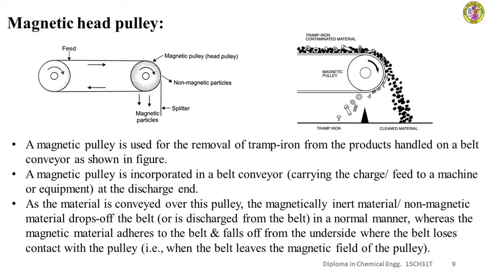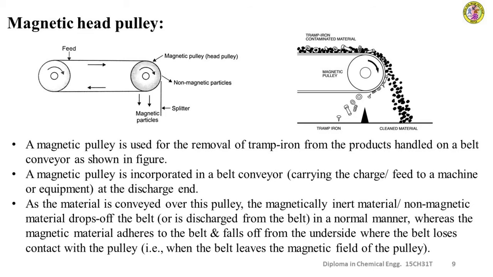The right side diagram shows you how a magnetic pulley can be used for tramp iron removal. Some material is flowing on the belt conveyor. It contains some iron particles such as stray pins, nails, hammers, springs like that. These are the magnetic materials that have to be separated from the non-magnetic product.